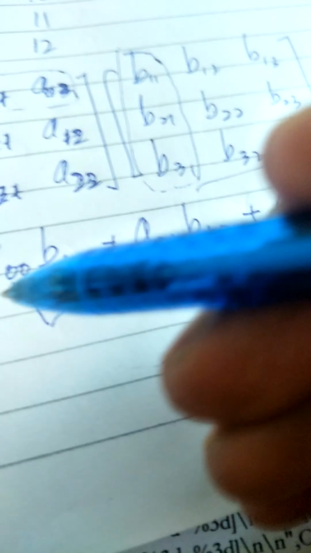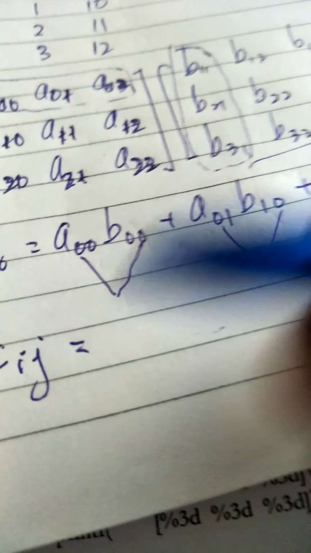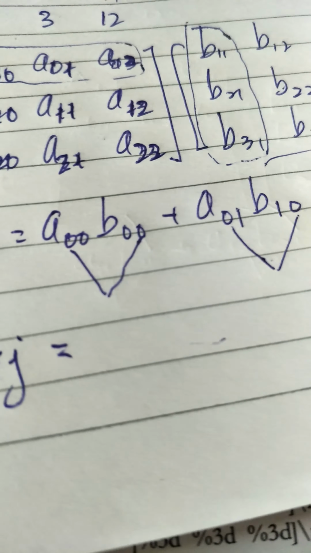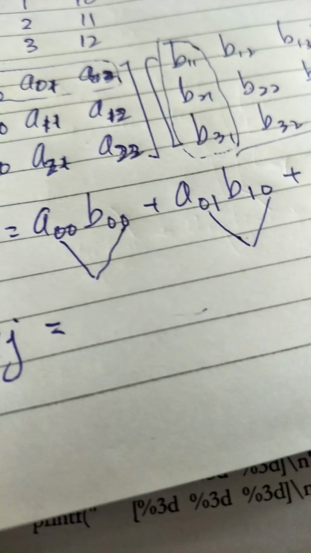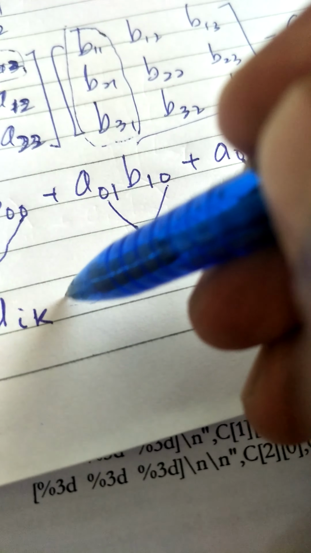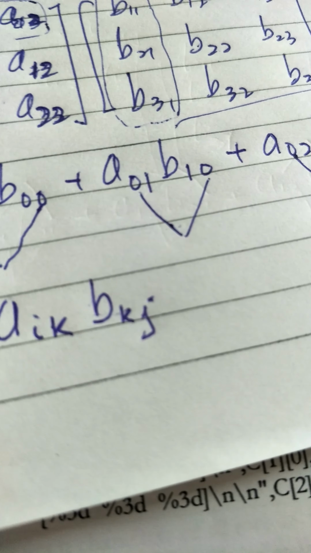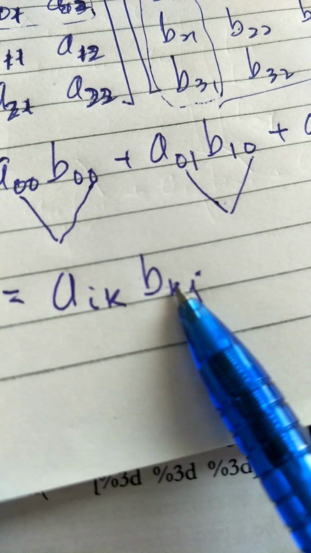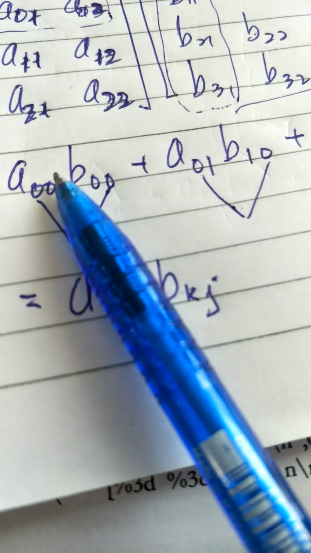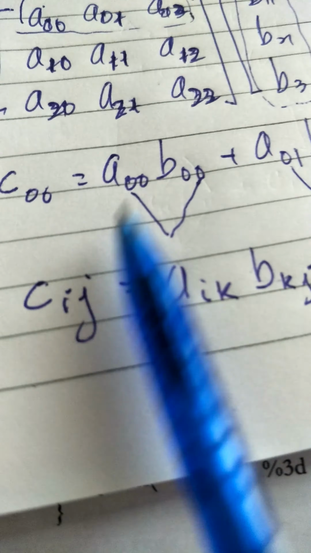So what we do, if you want to multiply for any row I and column J, what we have is matrix A, we need I, we need K, and B, K, J. So this K, where the changing index is, 0 0, 1 1, 2 2, and then we need summation as well.